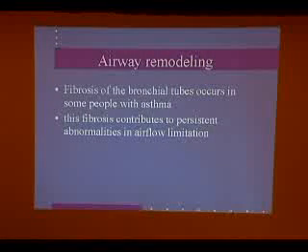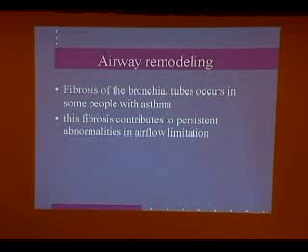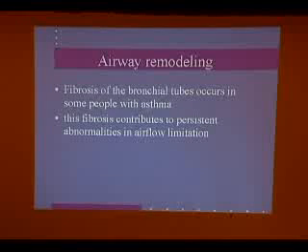Airway remodeling is one of the ongoing hot topics in asthma research and treatment. It's very hard to measure, but one often sees in clinical practice patients who have had asthma for many years or decades who come in with pulmonary function tests, breathing tests that suggest emphysema or severe irreversible airflow obstruction.